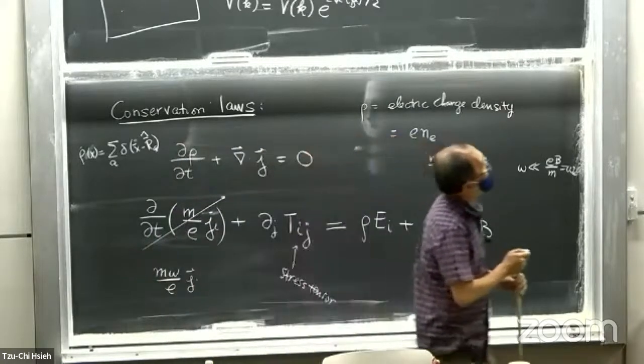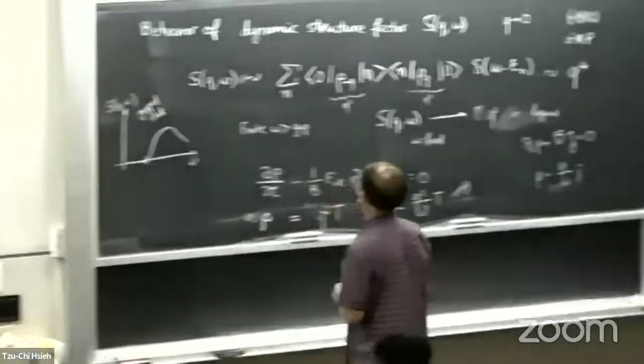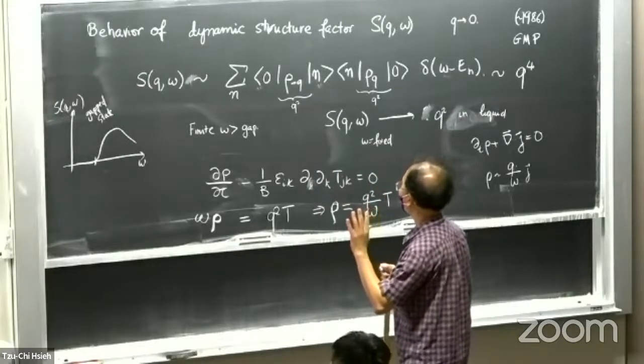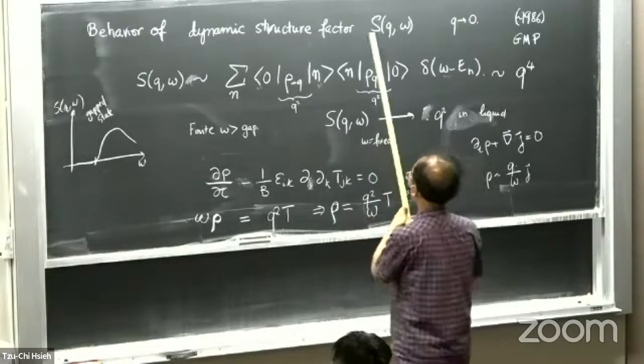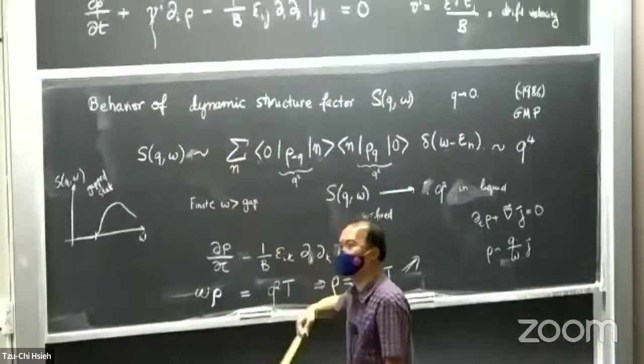Rotated. Well, here we are not doing constitutive relation or hydrodynamics in the sense of, so if you want to express T in terms of P, you are basically asking the following question.